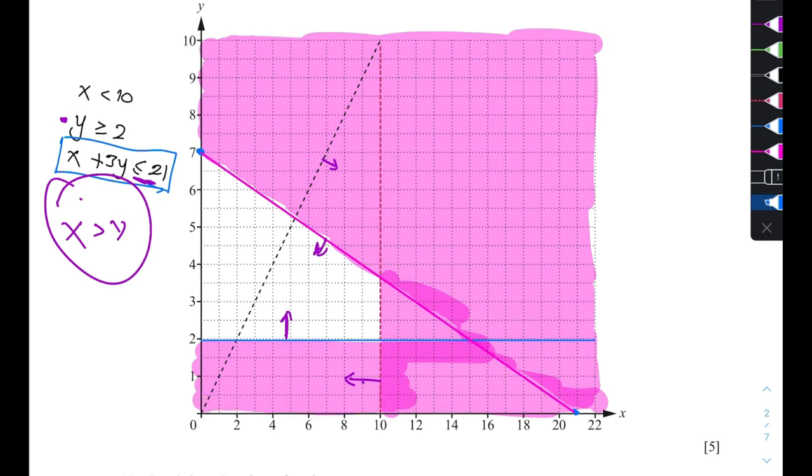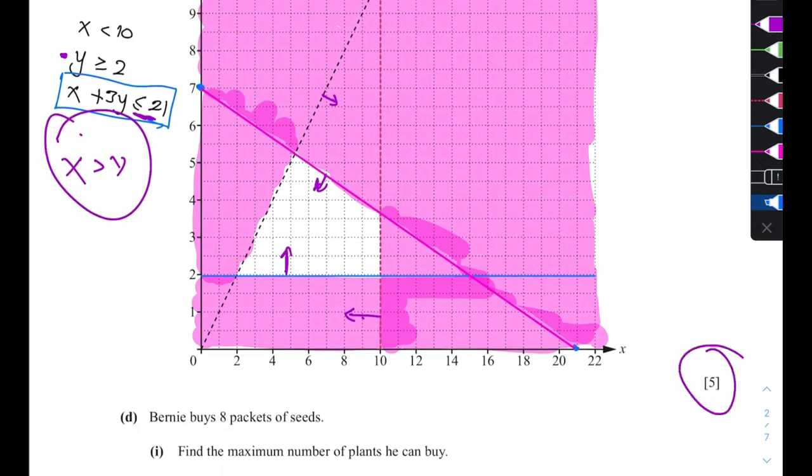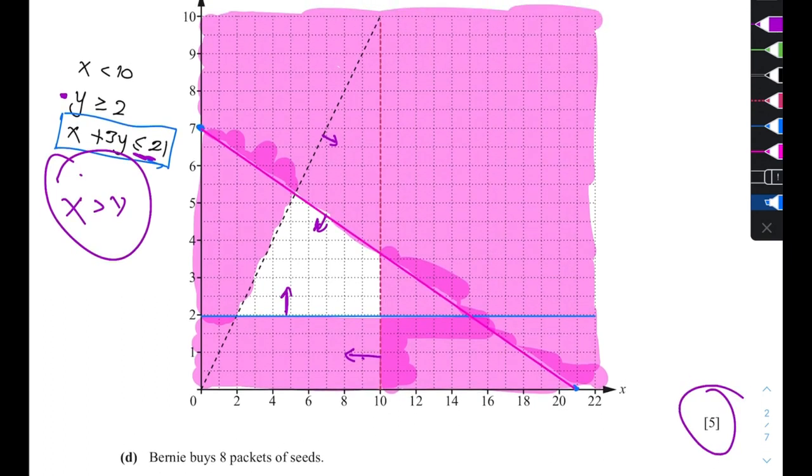Finally, take the black broken line, this one. Okay, the arrow goes to your right, so you are going to shade to your left. So this is the smaller space left for you to shade. Okay, so basically you are done. All right, so you do this, look, you get 5 marks. So, I mean, cool like that, right?